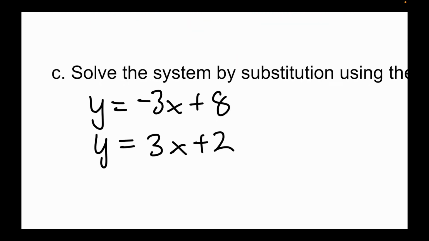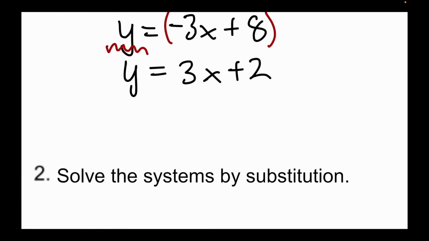So normally I would pick which one I'm going to substitute in for. I'm going to use this top one, and instead of y, we will use negative 3x plus 8. So on my next equation, instead of y, I'm going to have negative 3x plus 8 equal to the right-hand side, 3x plus 2.